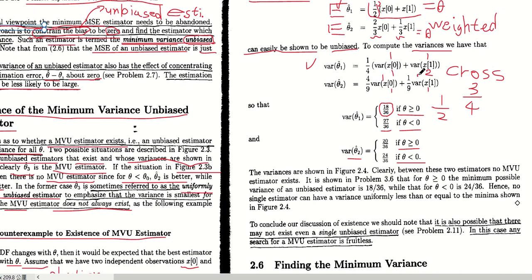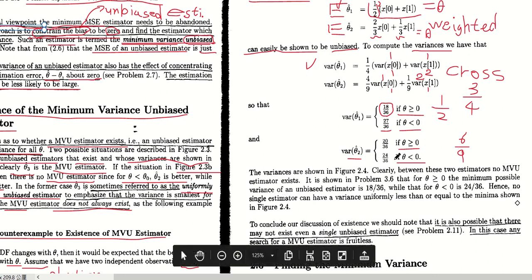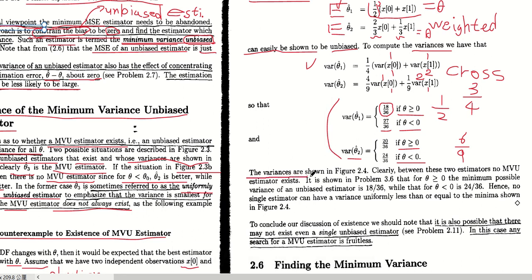Then it will be 4 plus 2 over 9, which is 6 over 9, equal to 24 over 36. So we have calculated these, and then we try to plot them. The variances are shown in 2.4.